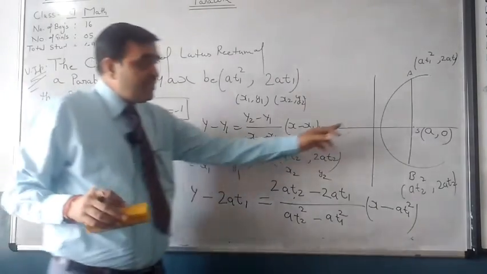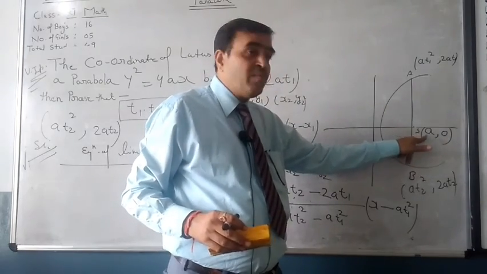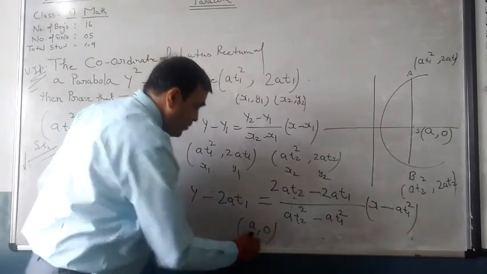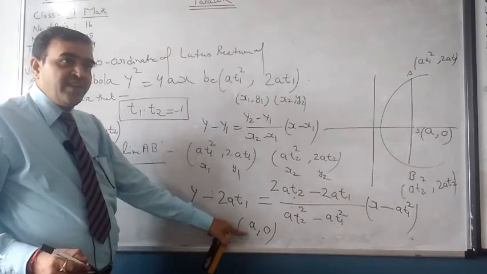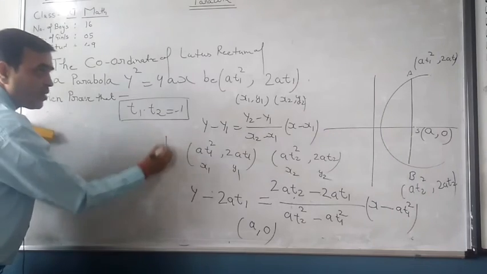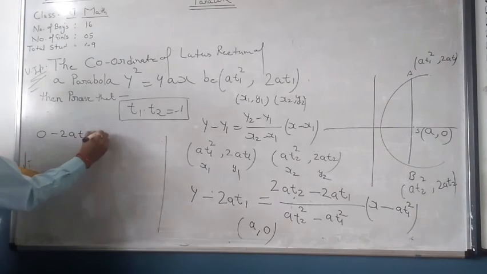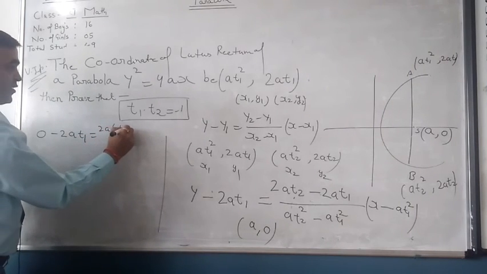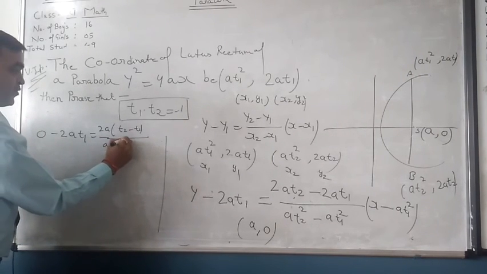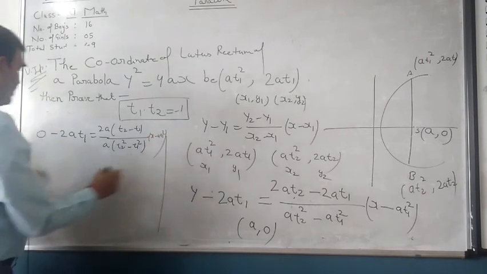Since this latus rectum passes through a comma 0, it means a comma 0 satisfies this equation. Now put a comma 0, meaning y equals 0 and x equals a, in the equation. So we have 0 minus 2a t1 equals, taking 2a common, t2 minus t1, upon a common, t2 square minus t1 square, times x minus a t1.